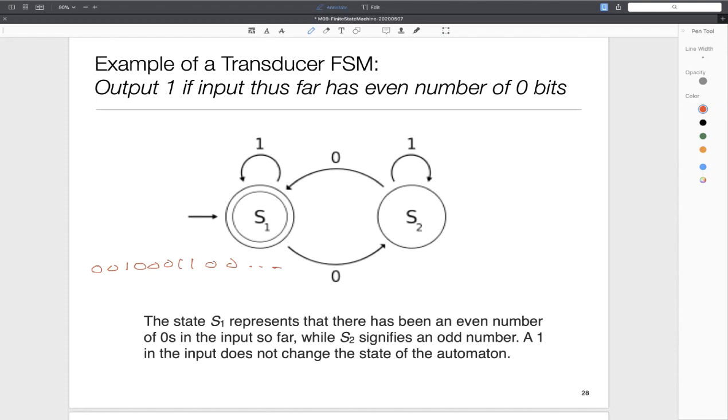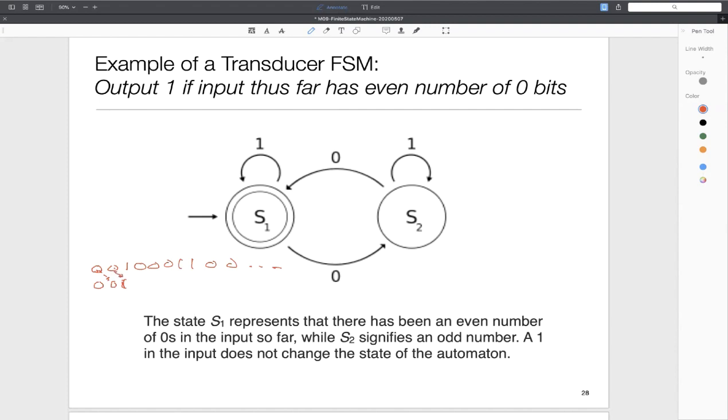We'll start out with output being 0, and then the first 0 came, so it's an odd number. I'm going to draw the output appearing a clock cycle later. So output is 0 when this comes. Then the next 0 comes, then we have an even number of 0 bits. So I'm going to output 1.